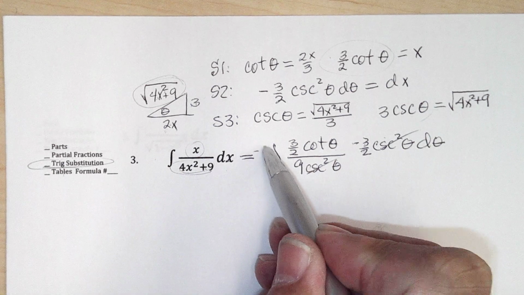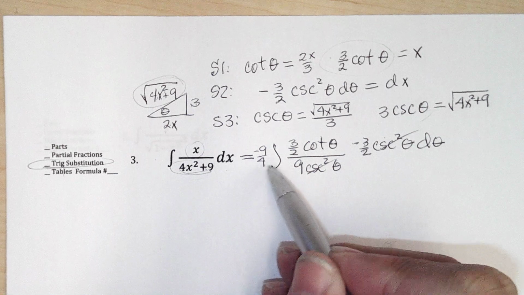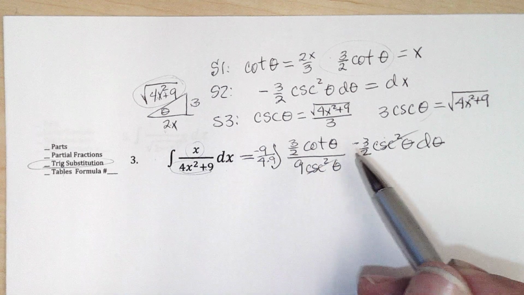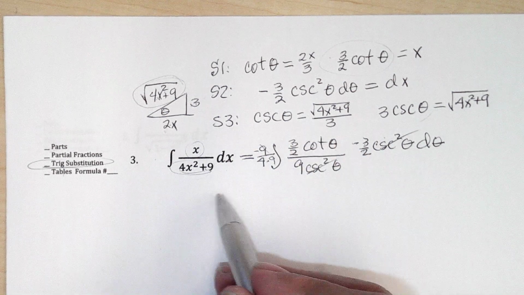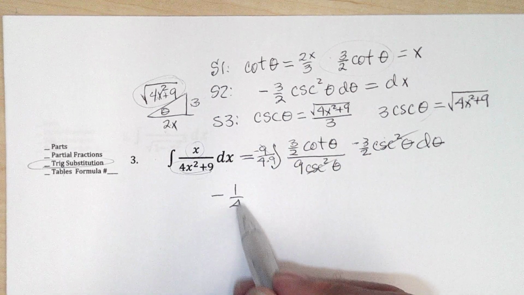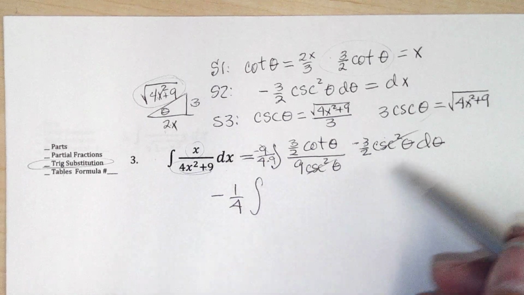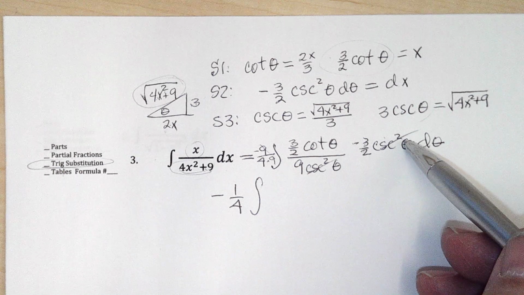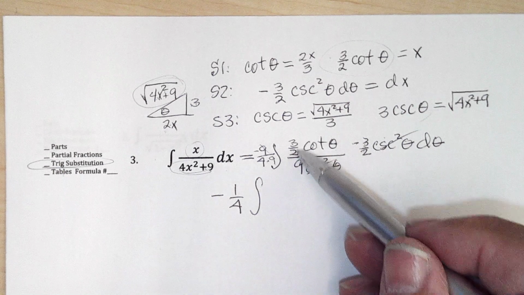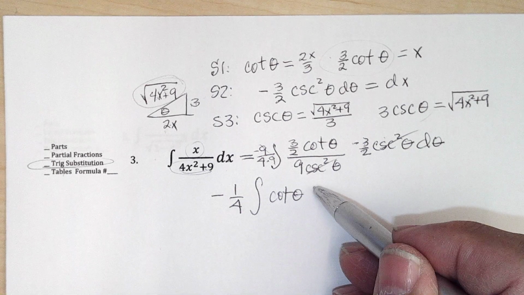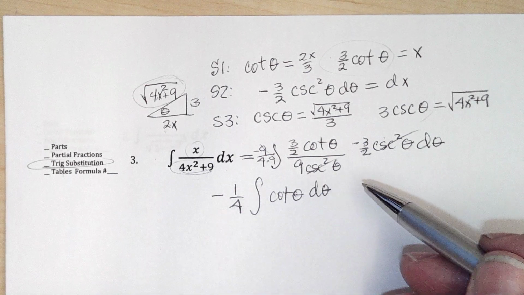So negative 9 fourths divided by 9 is like that. And so the 9's cancel, so I get negative 1/4 antiderivative. Cosecant squareds canceled. I got the constants out, so it's just cotangent theta d theta.